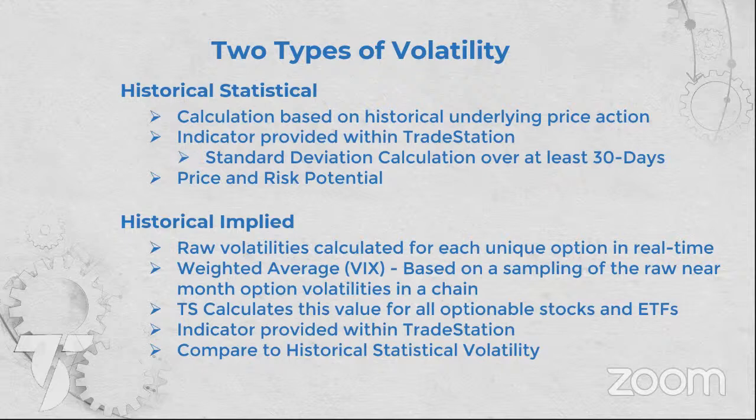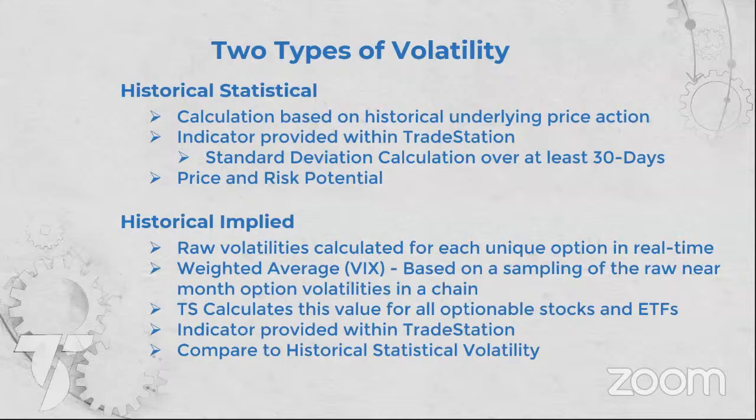So we start out with these raw implied volatilities for each option in the chain. But there's not a lot of historical data for each option in the chain. So we want to get an overview of the current situation for the volatility of this particular underlying asset.